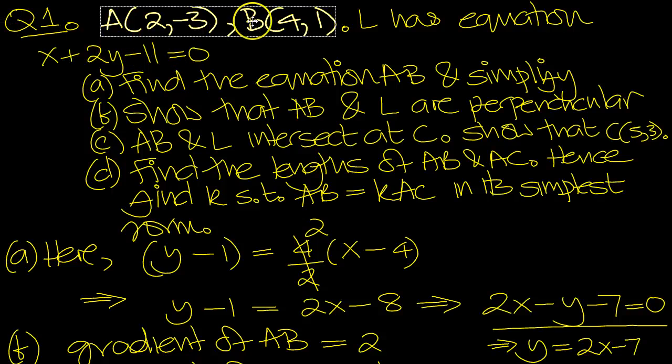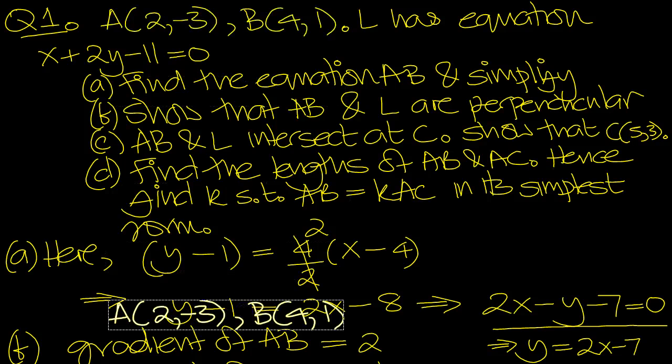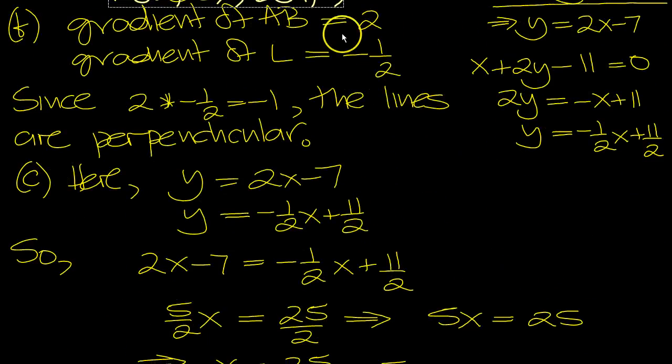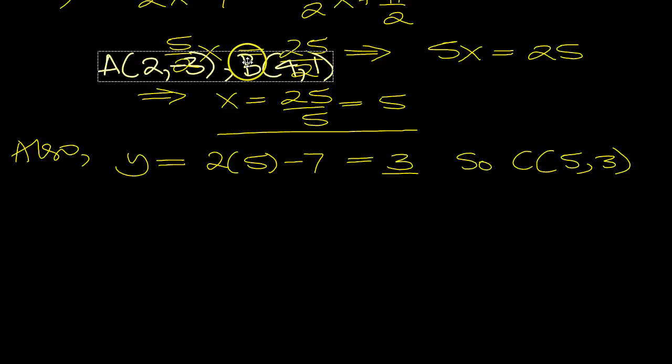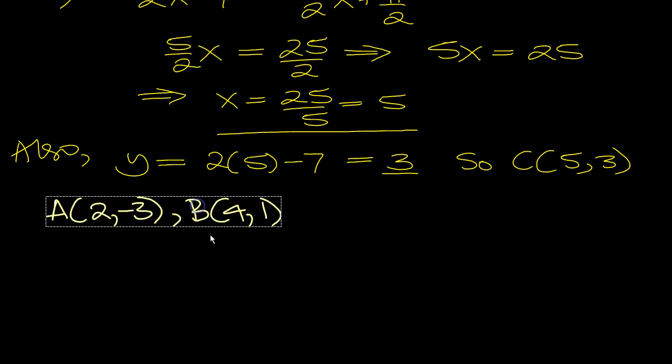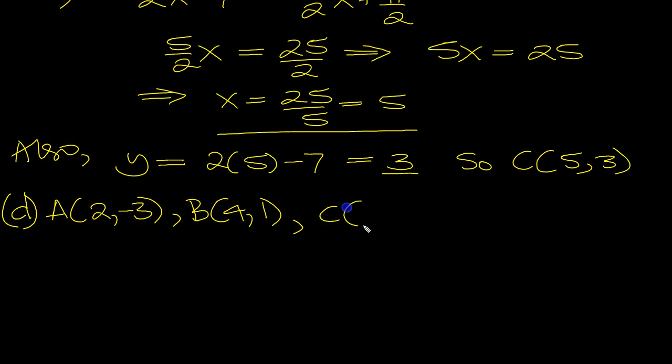We need to find the two lengths, AB and AC. So here are our coordinates. Let's move them down for part D, to give us some space. And this is part D. There's A, B, and C is equal to (5, 3).